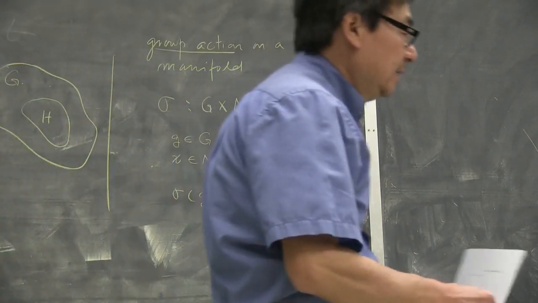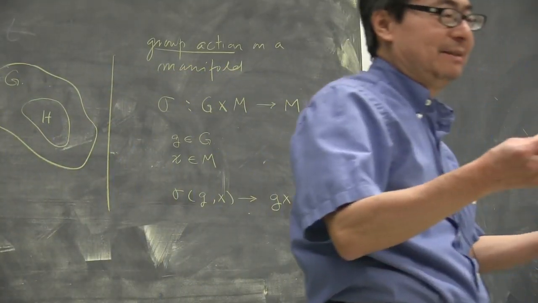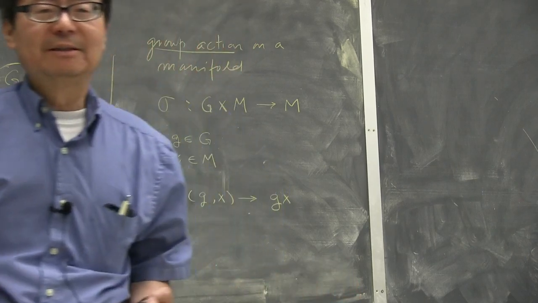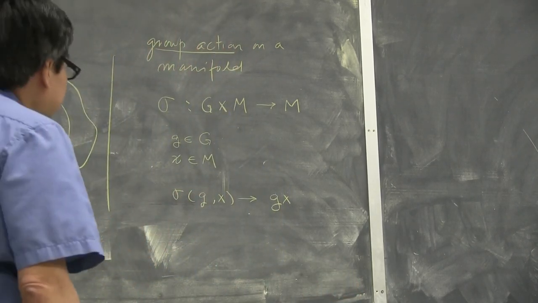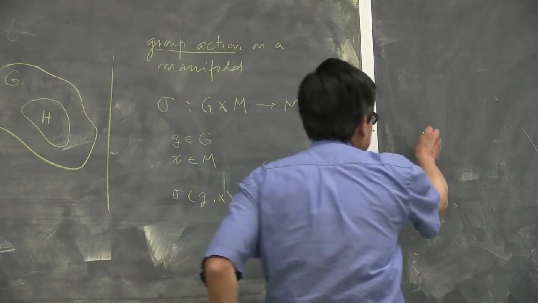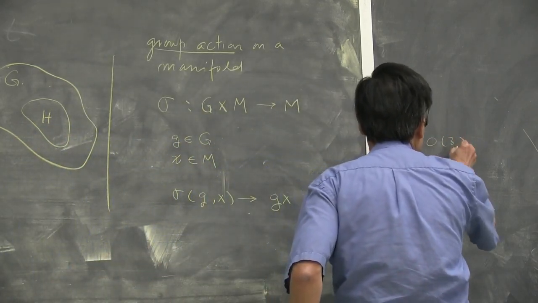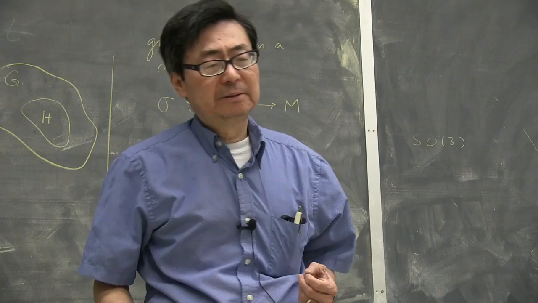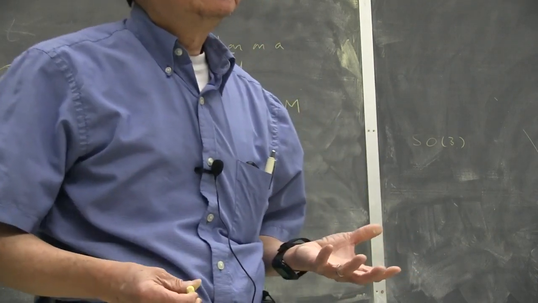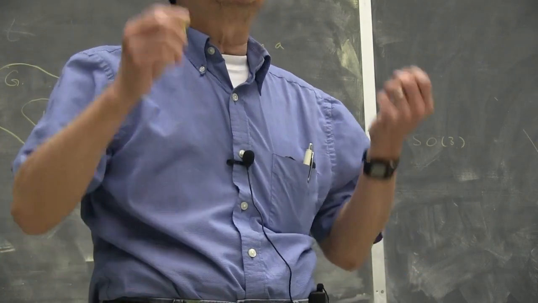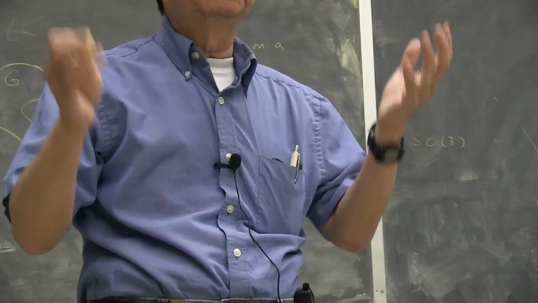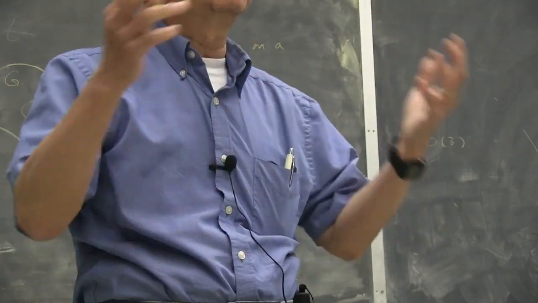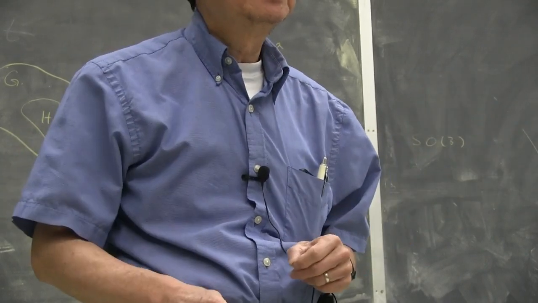Now let me immediately give you the most obvious application of this, okay? Let's take the group SO3. Now technically, SO3 is just the set of 3 by 3 special orthogonal matrices, right? It's an algebraic concept, right? Nothing about geometry at all.